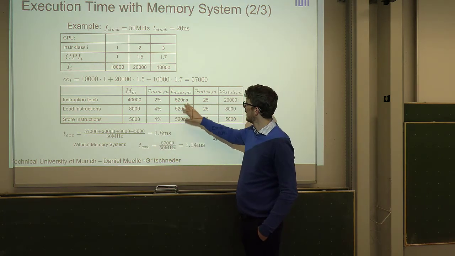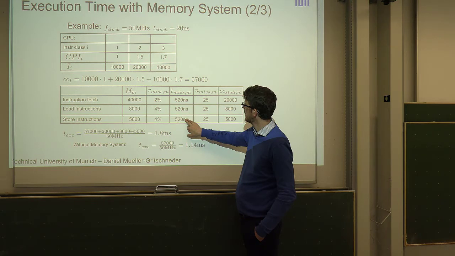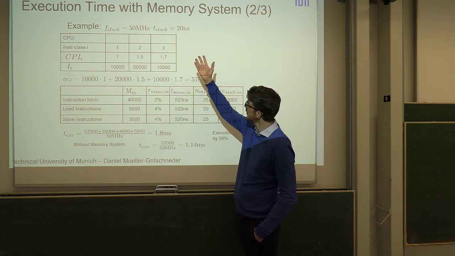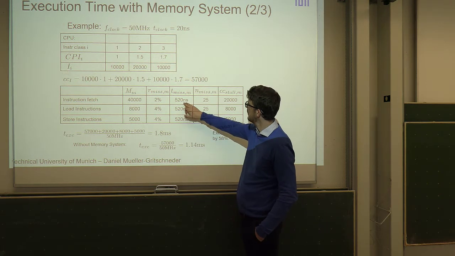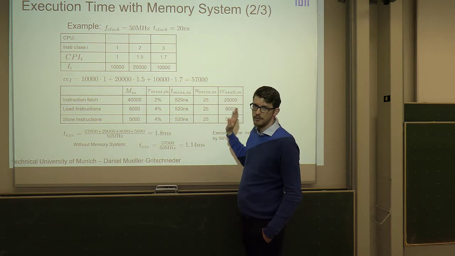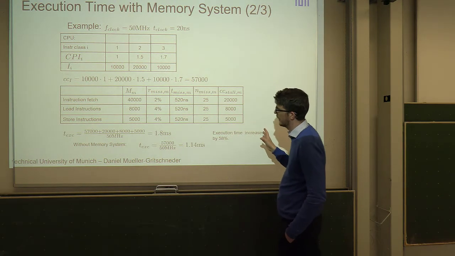If we are missing, we have an additional miss time of 520 nanoseconds, which, with 20 nanoseconds as our clock time, relates to about 25 additional cycles to get the data.